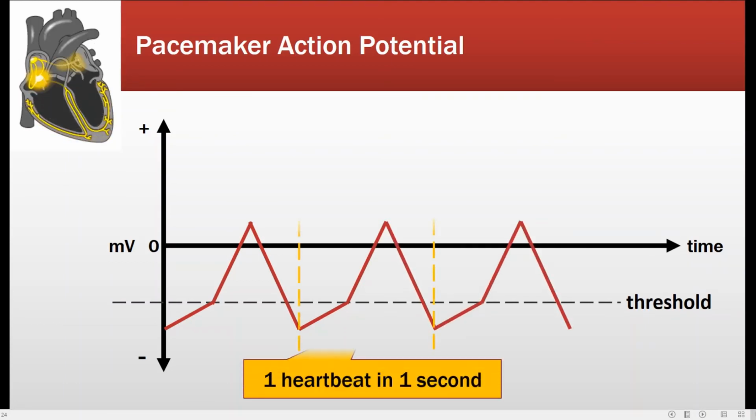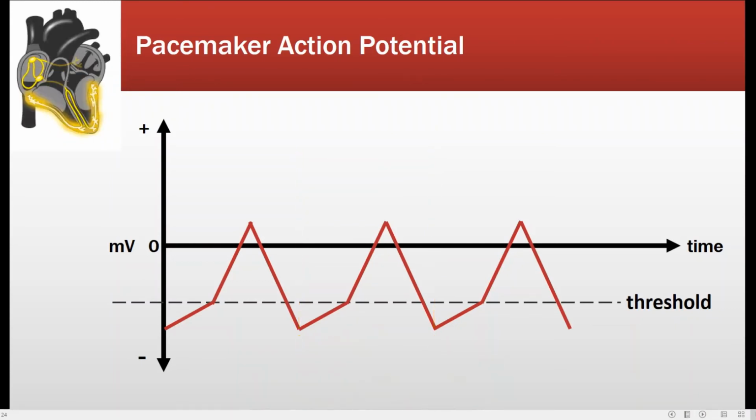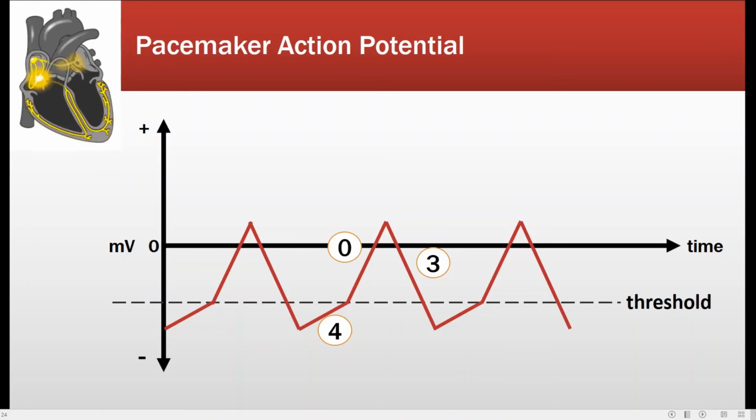Okay, so remember that this phase here is one heartbeat in 1 second. That is happening, one heartbeat in 1 second. Okay, and the phases here are 4, 0, and 3, which is your resting membrane that is slightly going up there, and your depolarization stage and your repolarization stage.